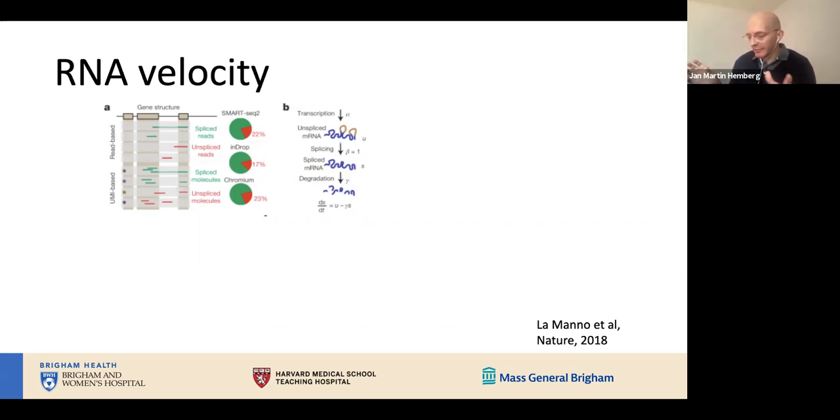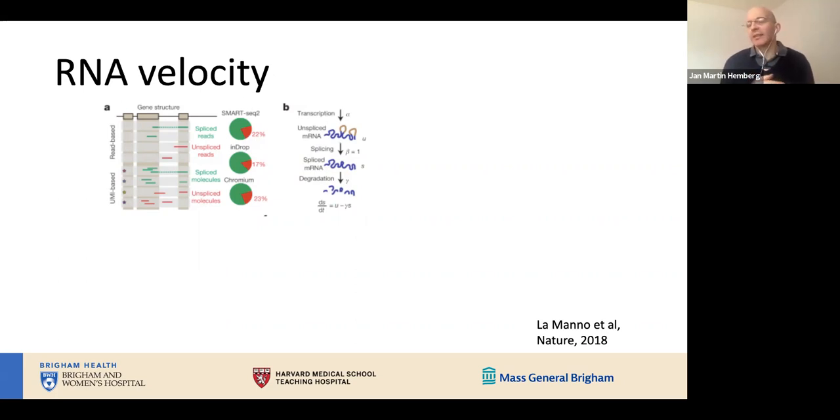And if you want to understand how the cells are moving or transitioning in that space, then it gets much more complicated. But fortunately, there's a very clever method called RNA velocity, which effectively allows you to understand the direction of each of the cells in this cell state space.